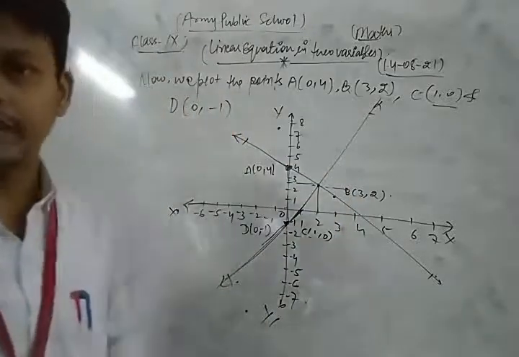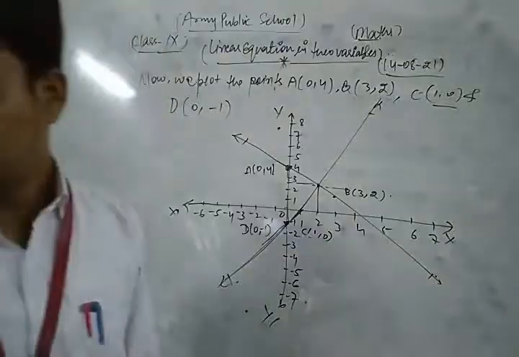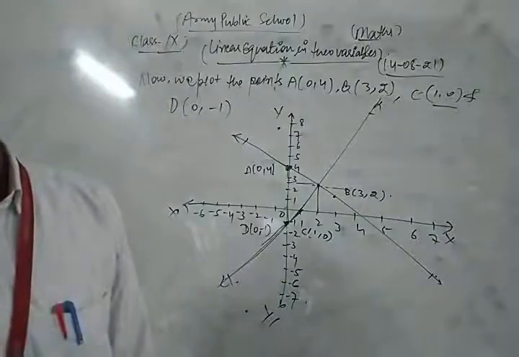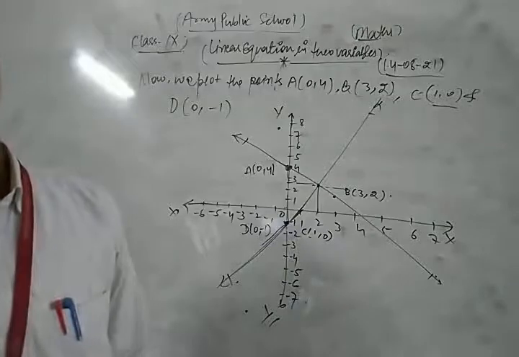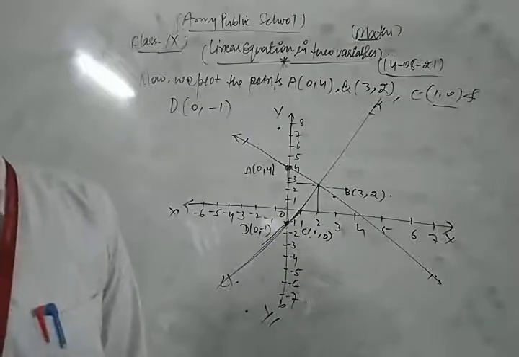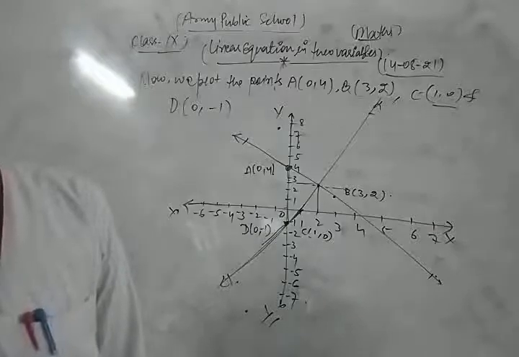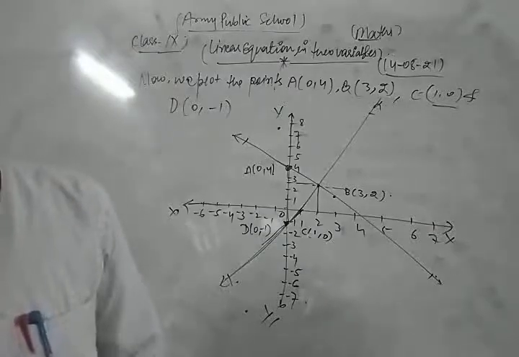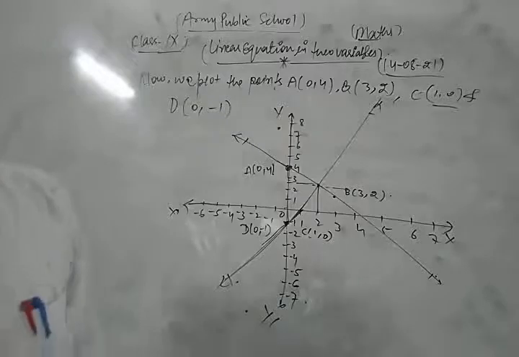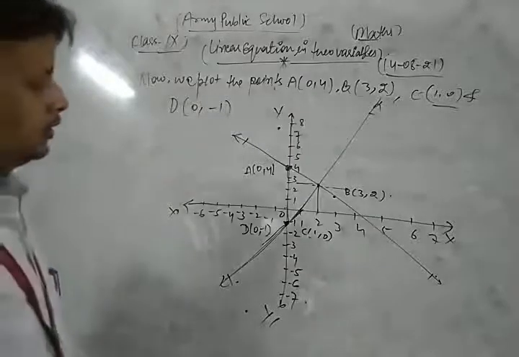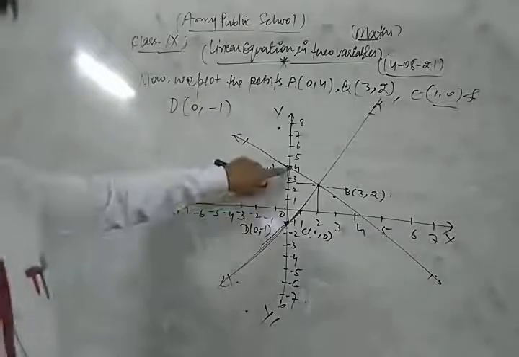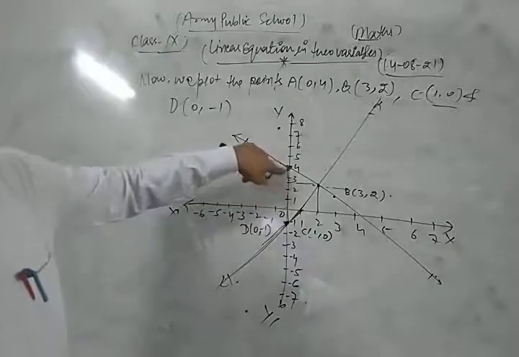So now first we find, and what is your question, dear student? Your question is to find the coordinates of the vertices of the triangle formed by the two straight lines and the y-axis. Now look. The first point is (0,4).